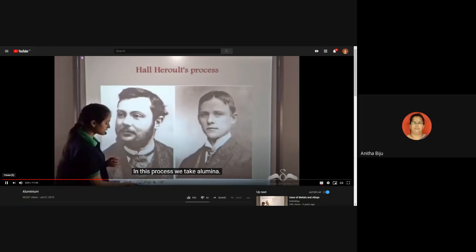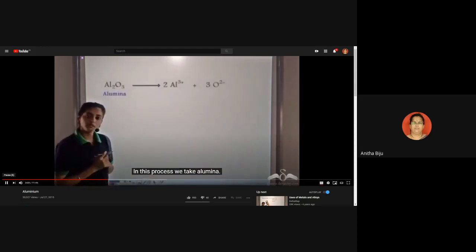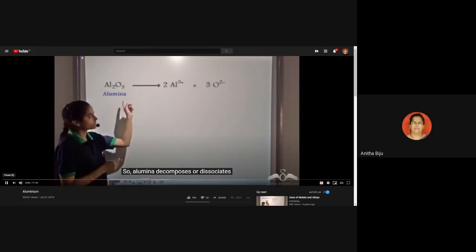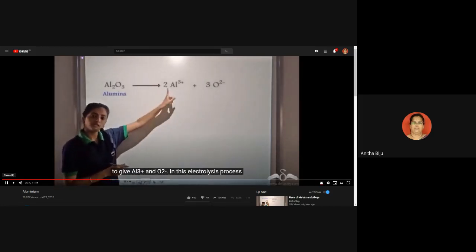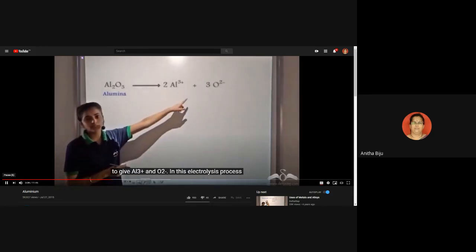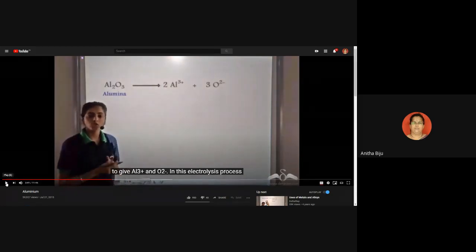In this process, we take alumina. So alumina decomposes or dissociates to give Al3+ and O2-. So write this first equation, aluminium oxide. That means alumina undergoes electrolytic reduction, forms two ions.